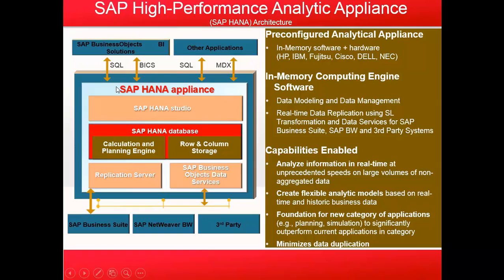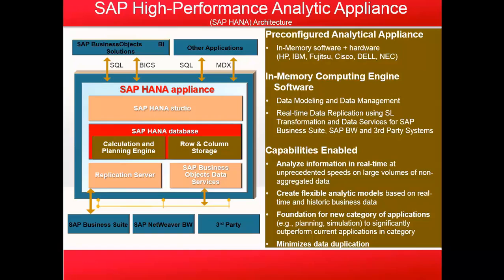This appliance is mainly delivered by some of SAP's hardware and software partners. Amongst the software partners, we have SUSE Linux and Intel, and the hardware is delivered by HP, IBM, Fujitsu, Cisco, Dell, and NEC. These are basically the partners providing the in-memory software plus hardware.